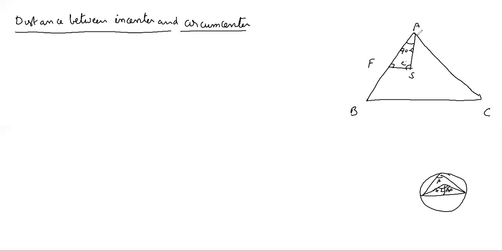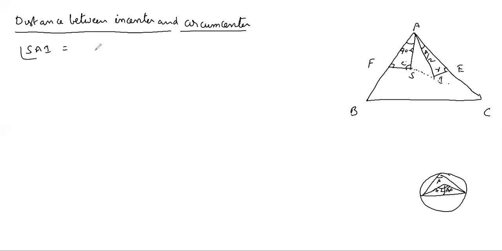Next we consider the incenter I. I to F, I to E, consider the distance, and this is the radius r. And the angle is A by 2. Angular bisector means this is A by 2. Now we have to find the angle SAI. So what is the angle SAI? If you know the angle SAI, you can apply the sine rule, cosine rule.